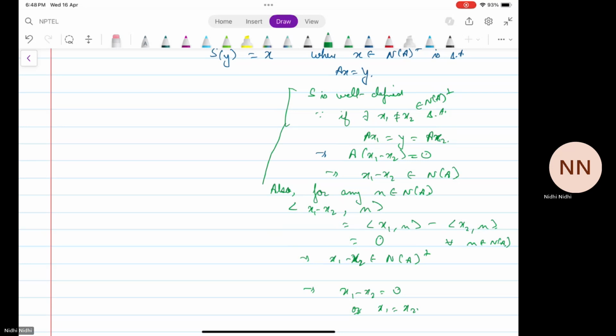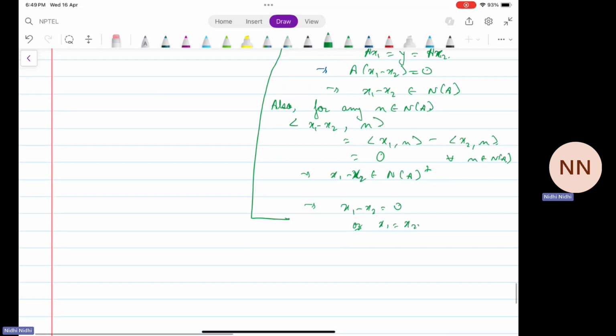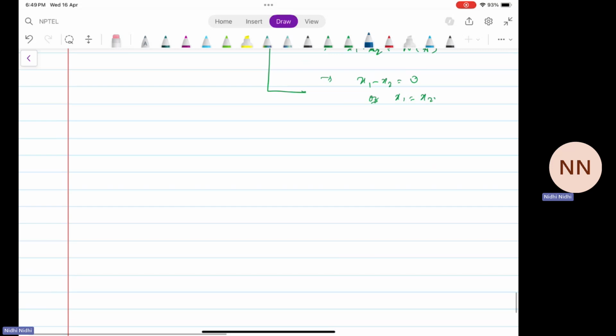Hence, this function is well defined. You can also see that this is in fact a bounded linear operator, a continuous linear transformation, using the open mapping theorem. Since A is an onto bounded linear operator, we can use the open mapping theorem and the linearity of A to show that this S is actually a bounded linear operator.